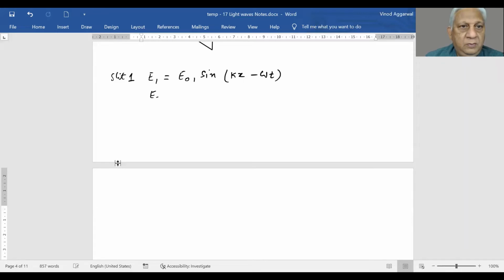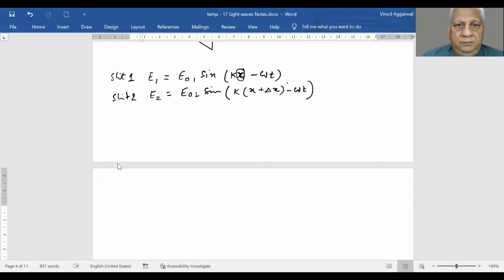And E2 is defined as E sine. Now x was the distance in the first case, and in the second case, from slit 2, there's an extra distance delta x coming in.